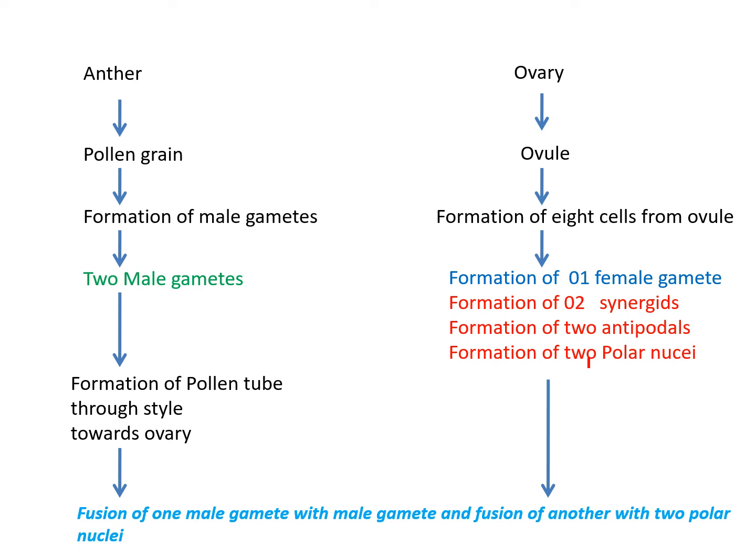That's why we call it double fertilization. But there was one more term, and that was triple fusion. Just see that one male gamete and two polar nuclei, the total nuclei here are 3. There is a fusion of 3 nuclei, so we call it triple fusion.